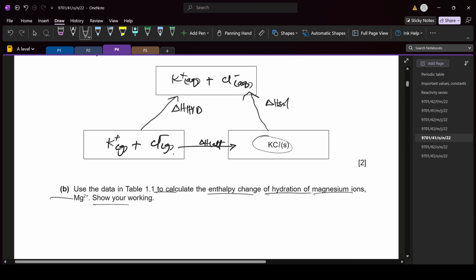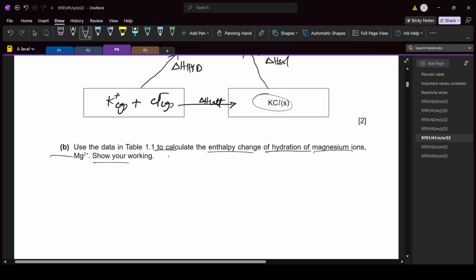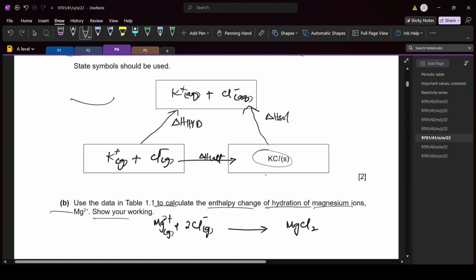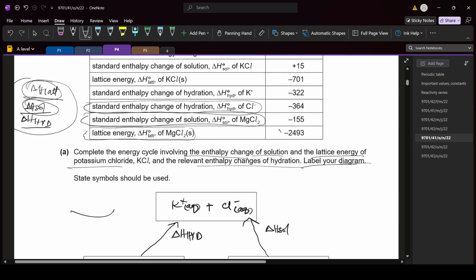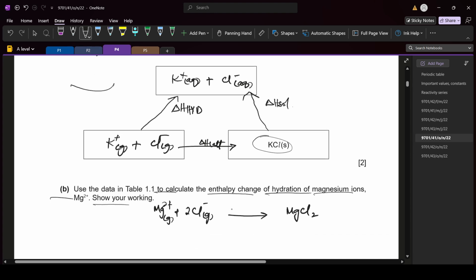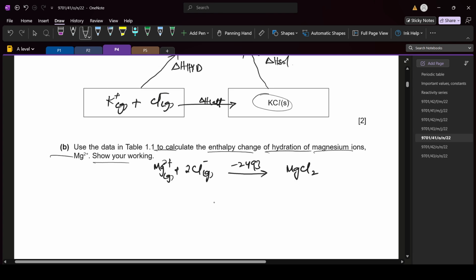The cycle will be the same as this cycle. Gaseous magnesium 2+ ions and gaseous chloride ions react to form magnesium chloride. This is the lattice enthalpy, and it has a value of negative 2493.